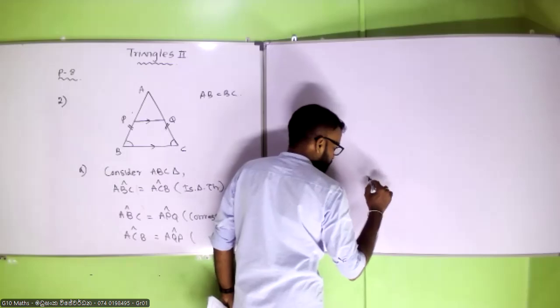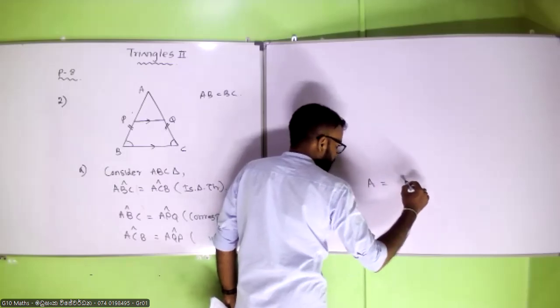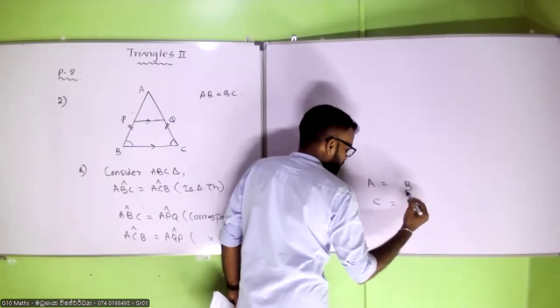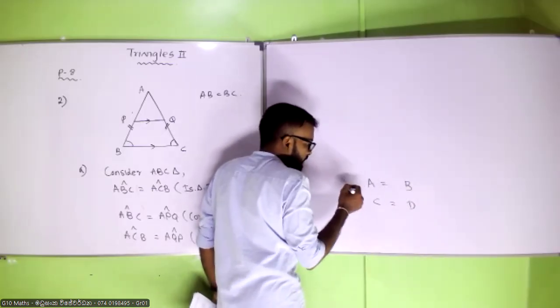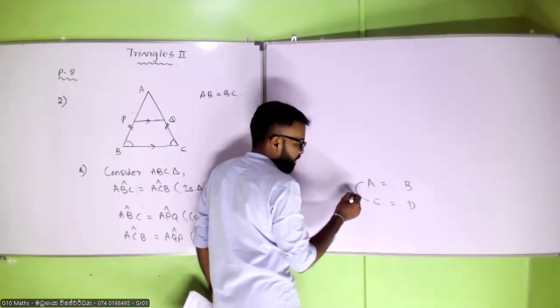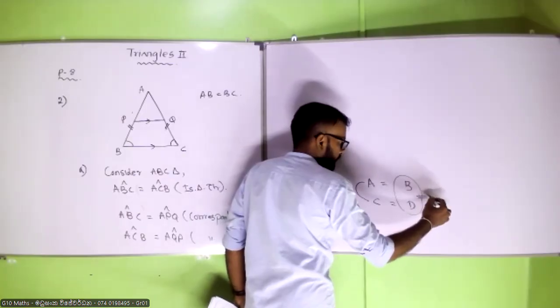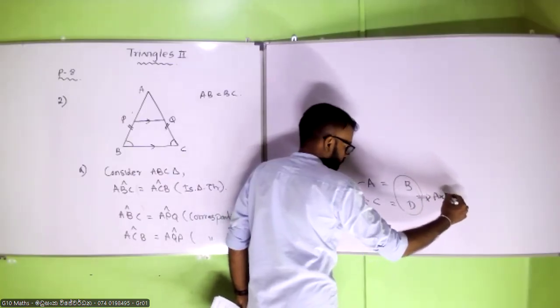Last week also I told the same thing: if A equals B and C equals D, and if we can show that A equals C, then automatically these things will be equal. Those are grade 8 axioms.